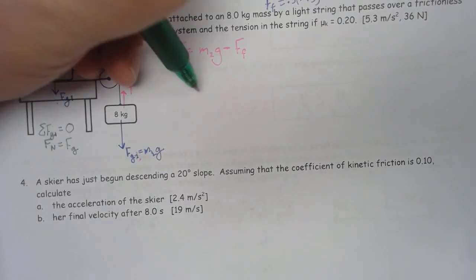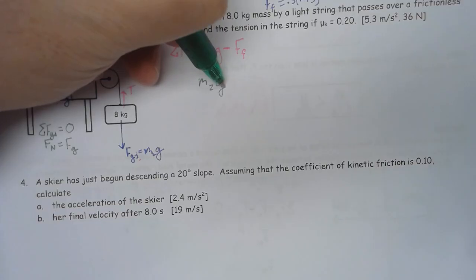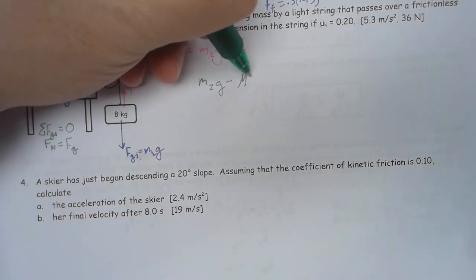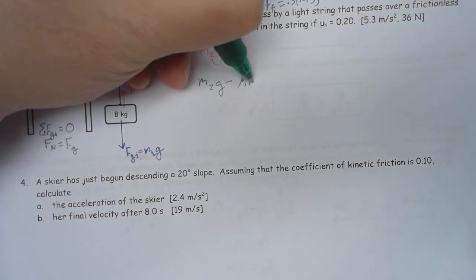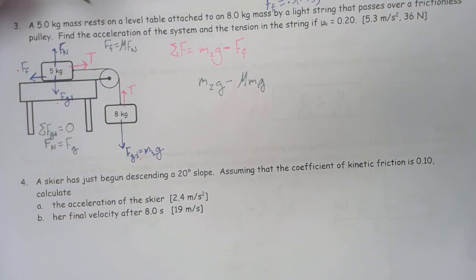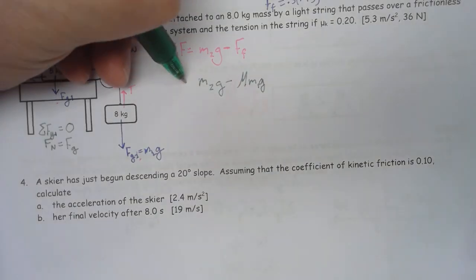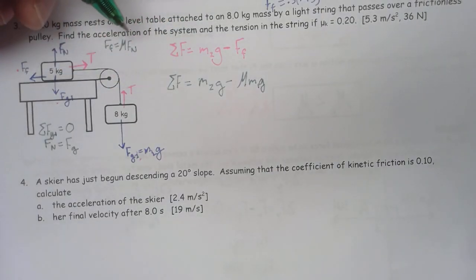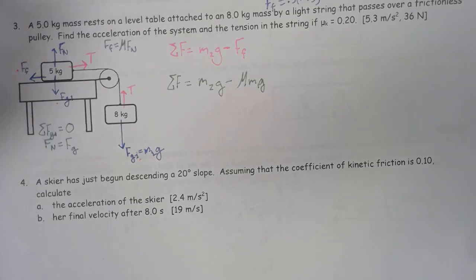Wait. That just means that that's m2g minus. You told me that this is mu times force normal. That's the net force. What else is the net force? Net force always equals MA? Okay.